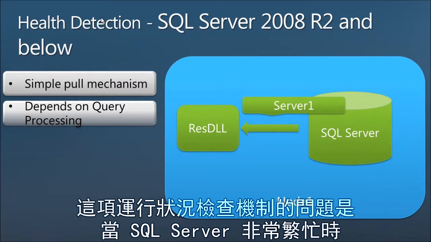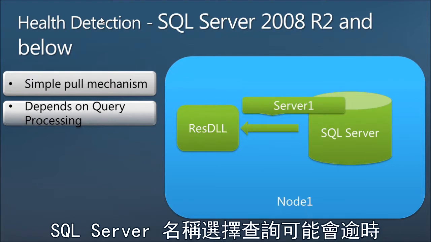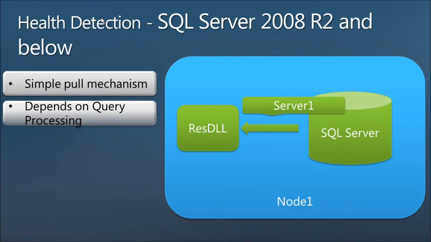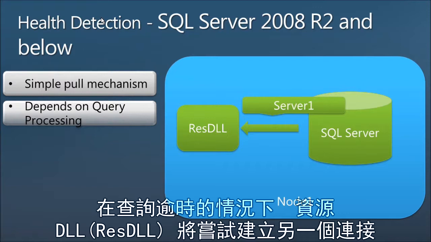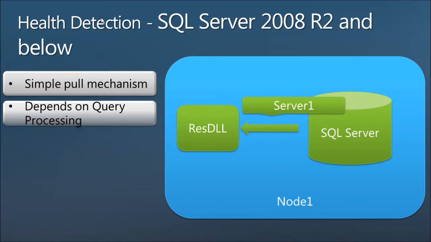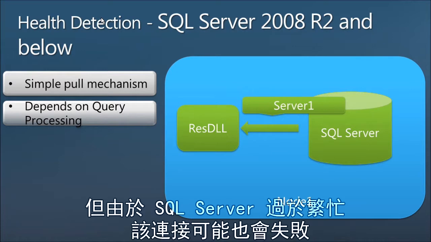The problem with this health detection mechanism is that when the SQL Server is very busy, the query to select the SQL Server name could time out. When the query times out, the resource DLL will try to establish another connection, and the connection could also fail because the SQL Server is too busy.